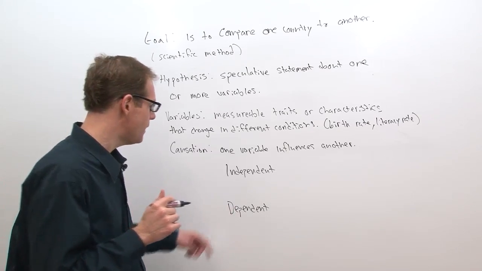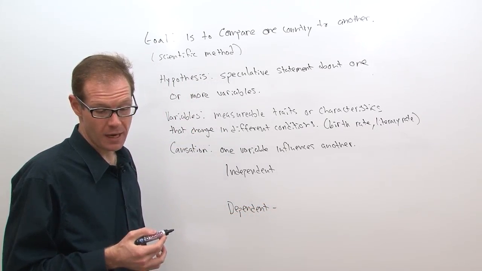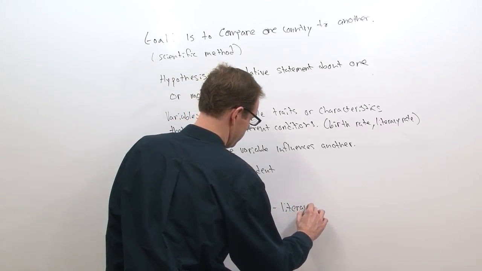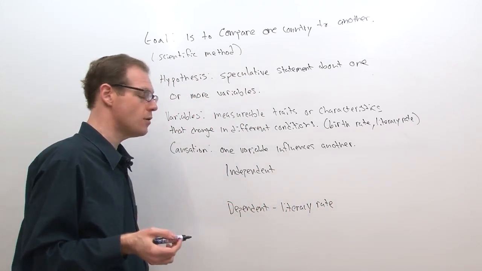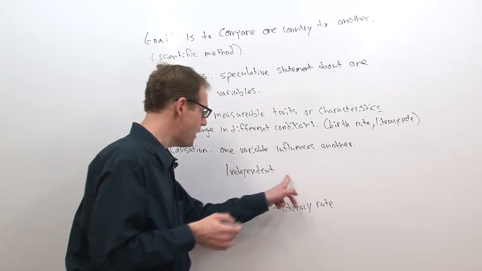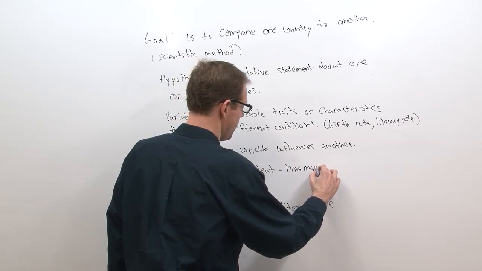So let me go ahead and give you an example. An example of this illustrated would be literacy rate. That is, how many people in a country can read, right? The literacy rate depends on how many schools a country has.